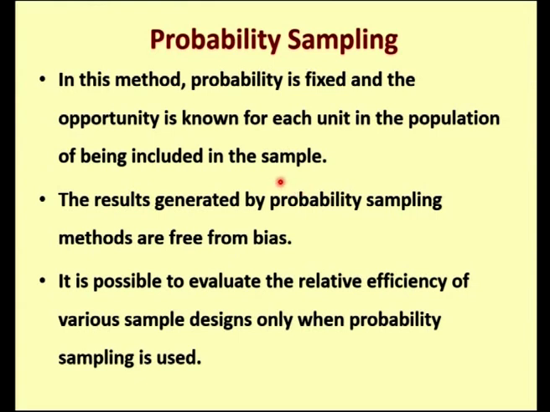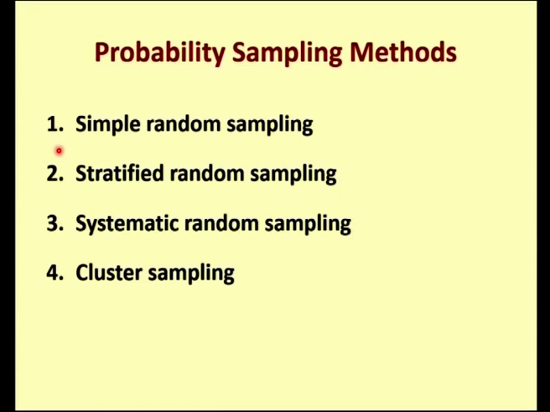So, we can say for sure that the results generated by probability sampling methods are free from bias. And it is also possible to evaluate the relative efficiency, that is, we can always compare the methods under probability sampling, because we have considered the probability for each unit in the population to be included in the sample.